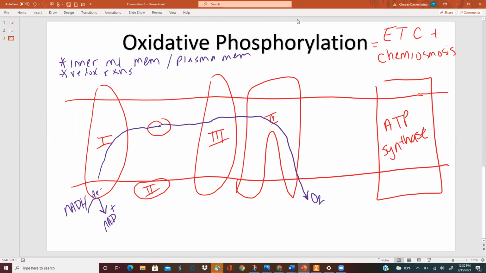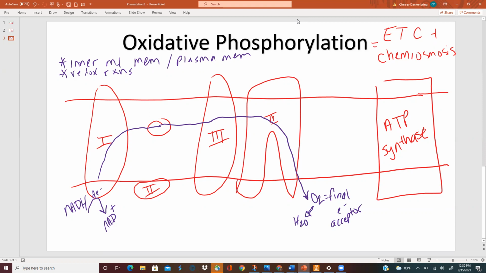It's normally going to acquire hydrogen protons as well. And so when oxygen, again, the final electron acceptor, accepts those electrons, it actually becomes water. But oxygen, again, is what is actually accepting those electrons.